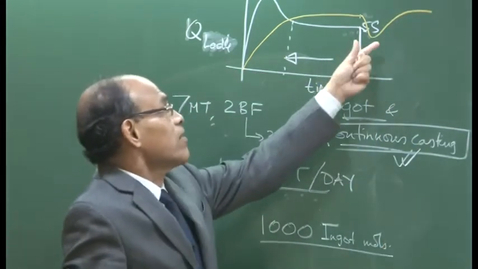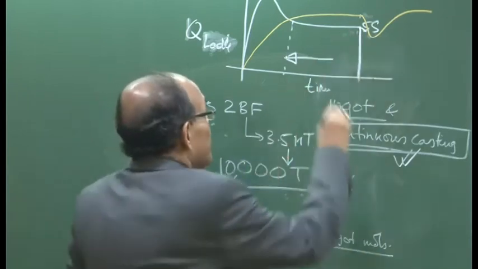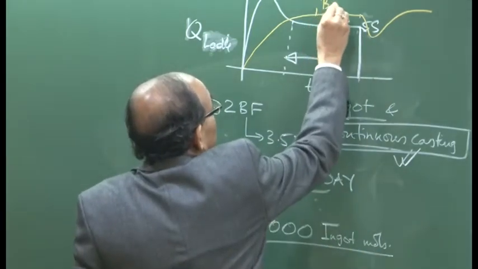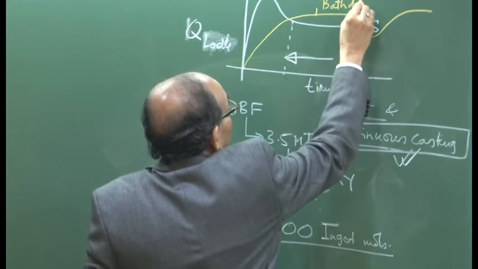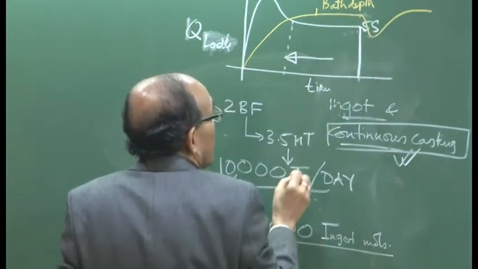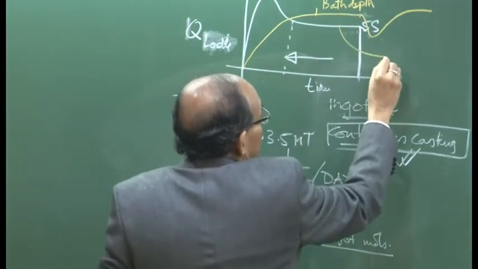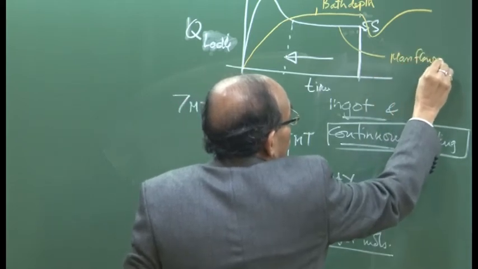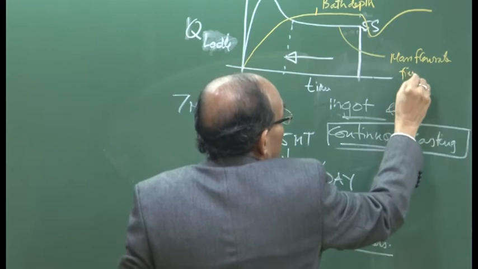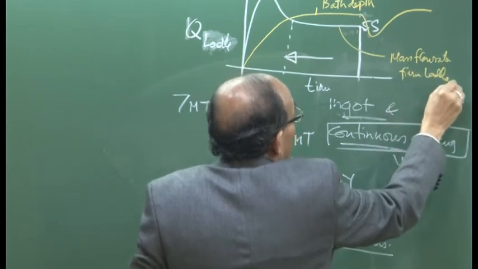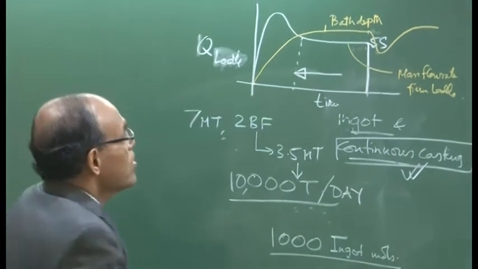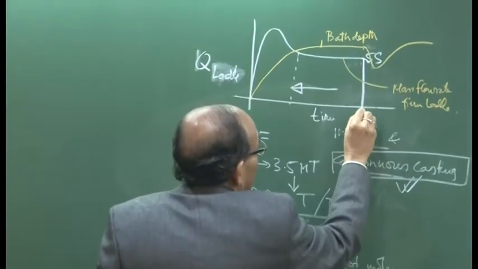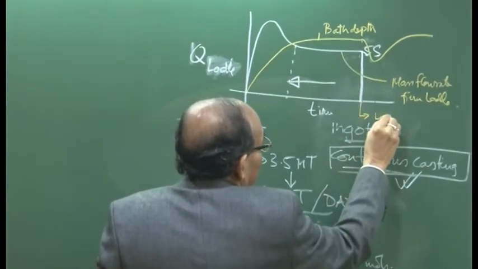So, this is the period of ladle changeover. What is this? This is the variation of bath depth as a function of time. And this is the mass flow rate from the ladle. So, this is where the ladle is removed.